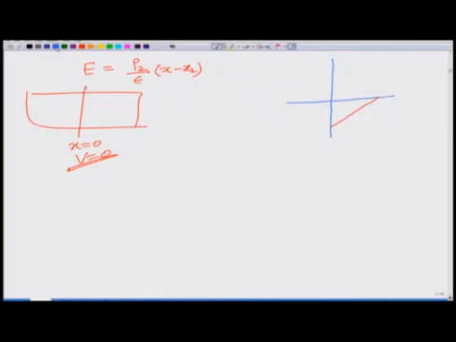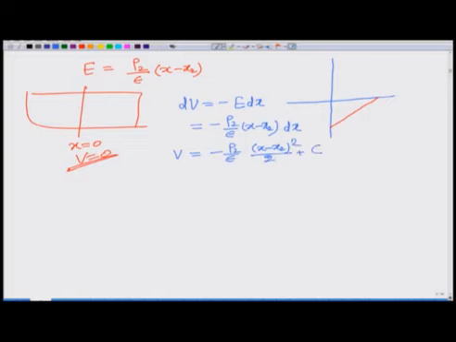How do you get this? The basic definition of potential difference is dV equal to minus E dx, and therefore it is minus rho 2 by epsilon times (x minus x 2) dx. This is dV, and if I need the potential, I will integrate this. It is minus rho 2 over epsilon times (x minus x 2) square divided by 2, plus some constant.